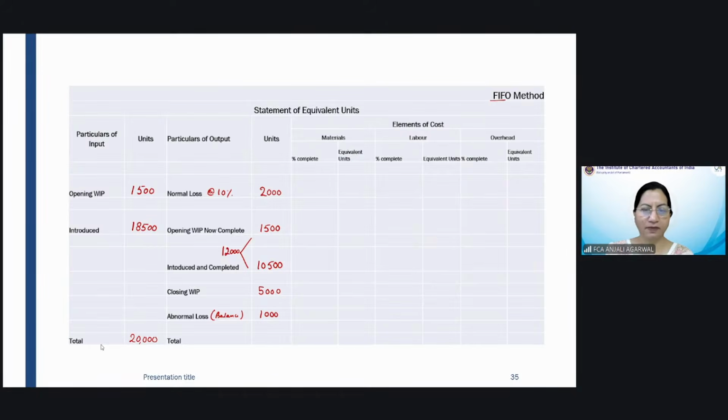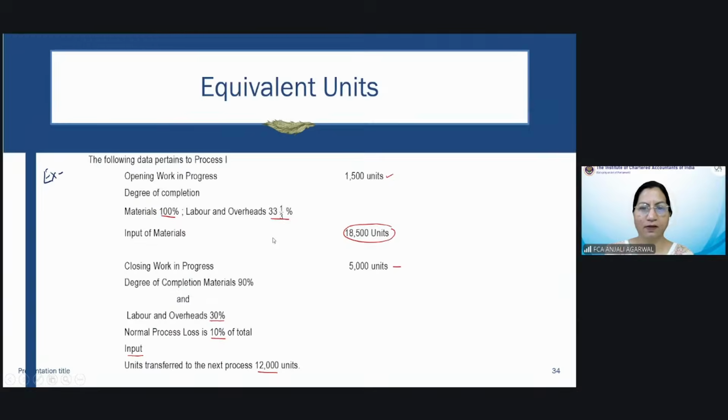Now, like I said, if the question does not mention anything, normal loss is always 0% complete as far as material, labor, and overheads is done. Opening WIP will now be completed. So you subtract this from 100.